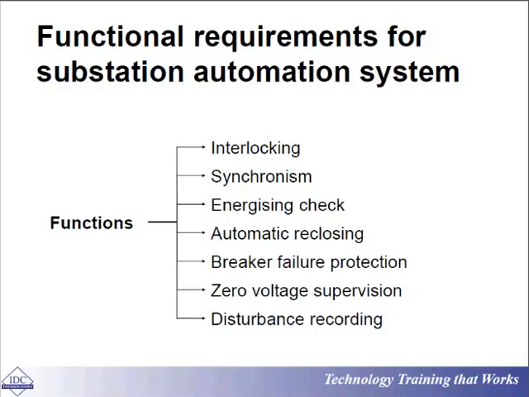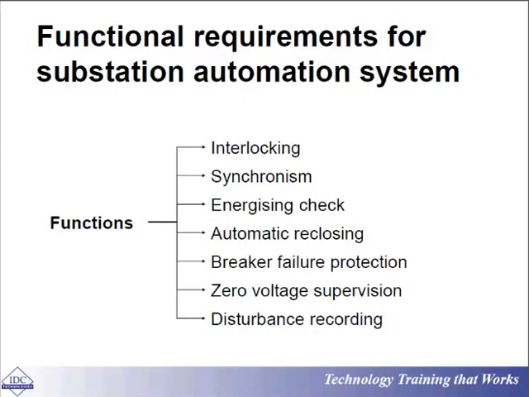What are the main functions to look at, like interlocking, synchronism, for example, energizing check, or breaker fail, or zero voltage supervision or something like this, right? So these are a number of things you can look at, but data-wise, not electrical-wise. Data-wise, you have to look at it. In other words, remember, don't forget, this is a system, or substation automation system. It is not an electrical system. You already know the meaning of breaker.